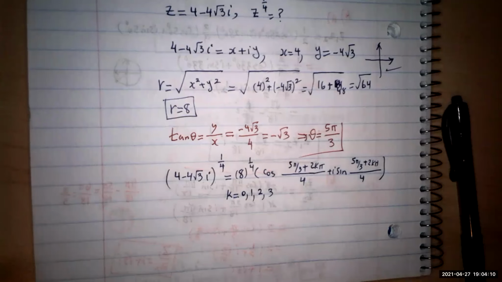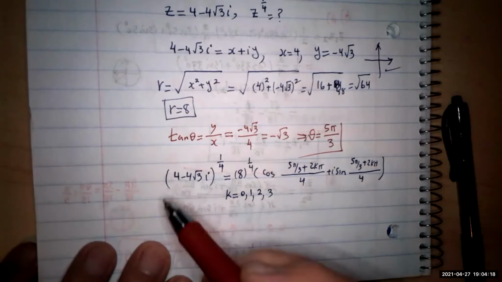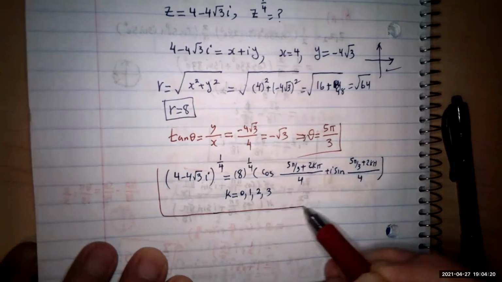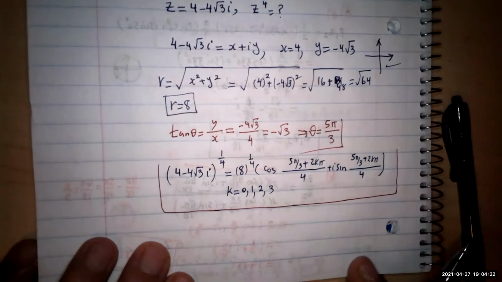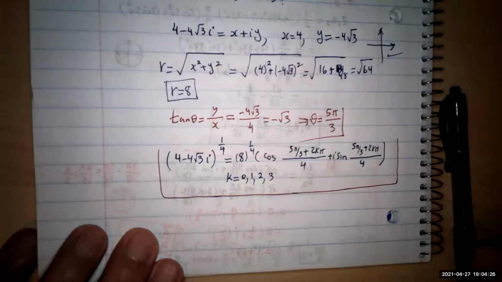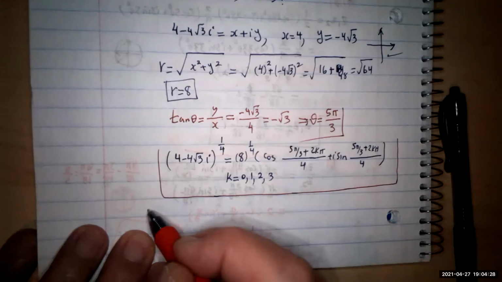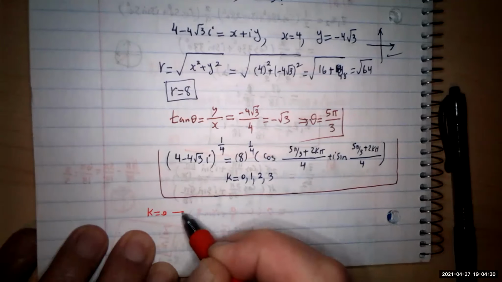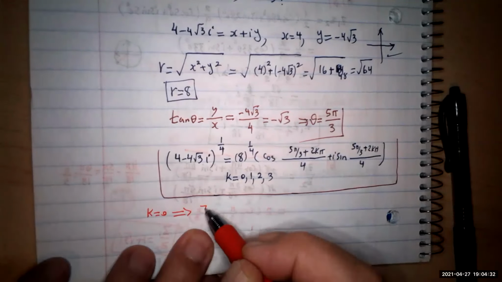Now we go back and we just get some of the solutions. Quickly we can find it. These are going to be the general ones, but you should give us the 4 solutions. So if you put k equal to 0, we usually call this one z1.